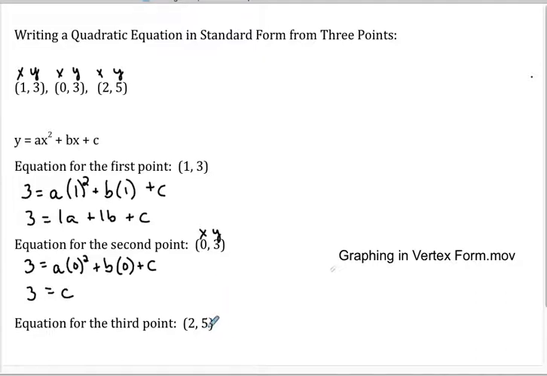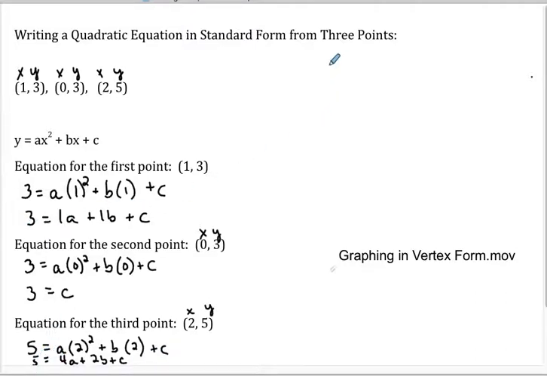The equation for the third point, x and y, is 5 is equal to a times 2 squared plus b times 2 plus c, which is going to be 4a plus 2b plus c. Well, basically, if I take a step back, what I really have here is a system now of 3 equations and 3 unknowns.